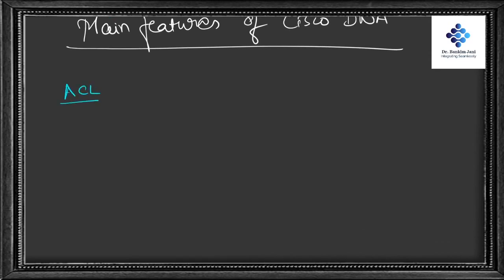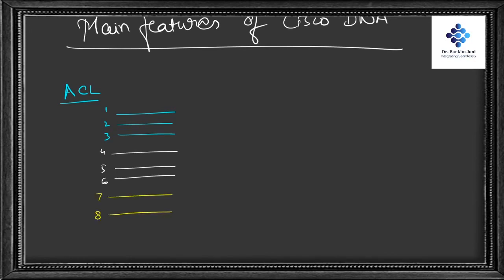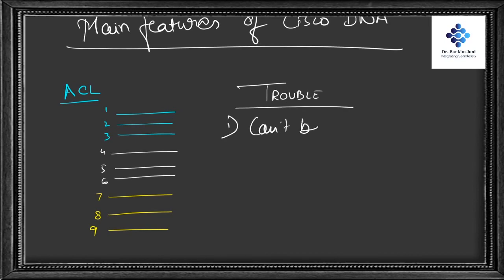We used to make those access control lists. Let's say we prepared one ACL with 1, 2, 3 statements. Then some new requirement came up. We added 3 more statements, 4, 5, 6. Then again something new came up, and this list started growing. Now at one point of time, the trouble is you can't remove this list, because you really have to understand what was the purpose of these first 1, 2, 3.